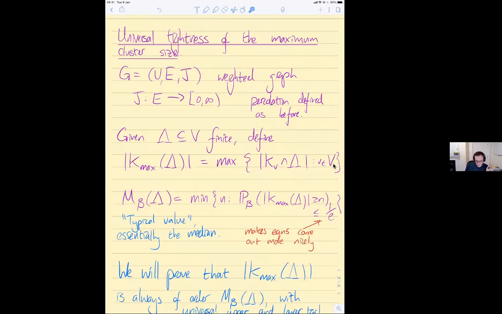So from now on, let's look at weighted graphs. These are just graphs in the usual sense, together with a weight function j, which sends edges to non-negative numbers.